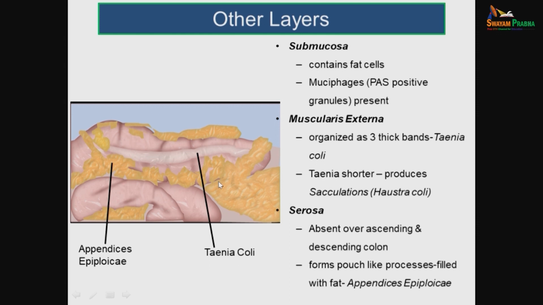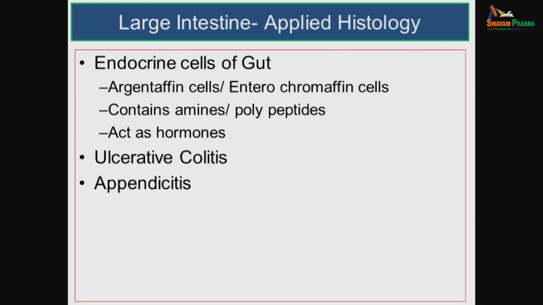These appendices epiploicae are not present in the rectum, anal canal and vermiform appendix. So except for the appendix, rectum and anal canal, all other parts of the large intestine exhibit these appendices epiploicae.